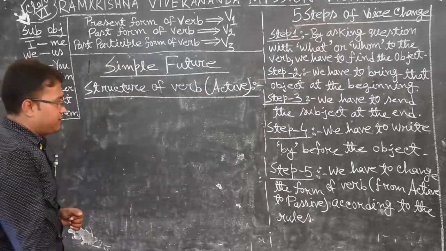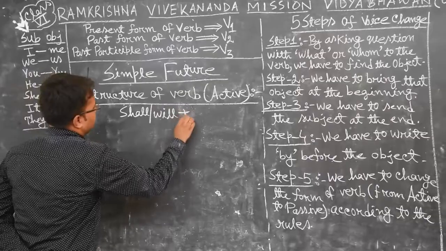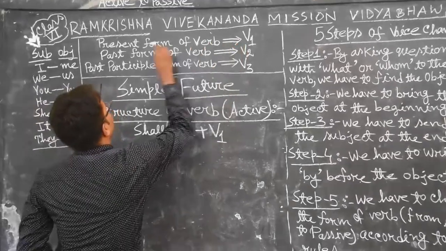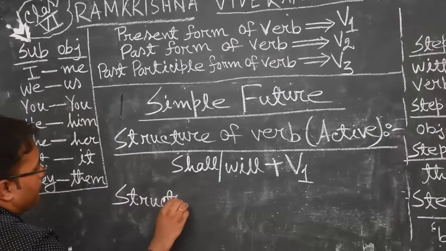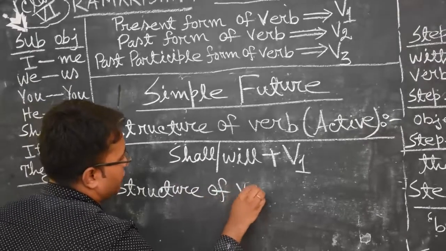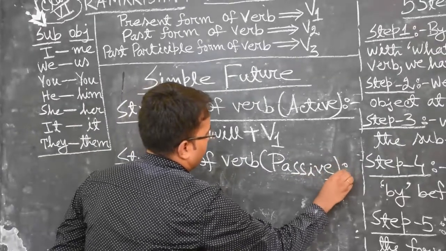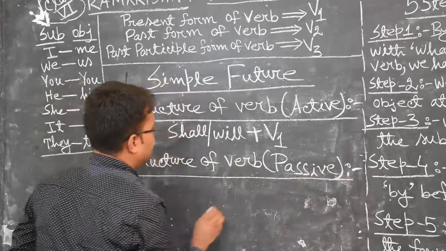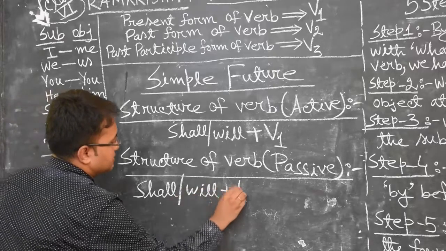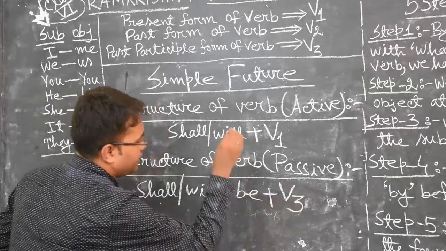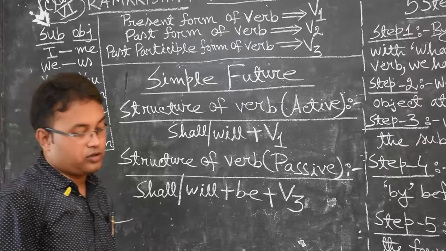Structure of verb active: shall/will plus V1. V1 is the present form of verb. Structure of verb passive: shall/will plus be plus V3. Then let's take an example from your book.